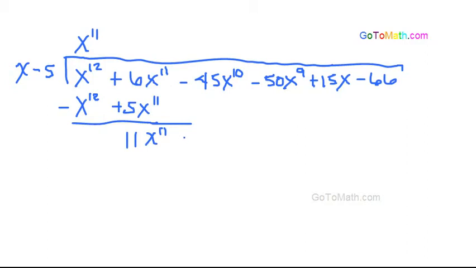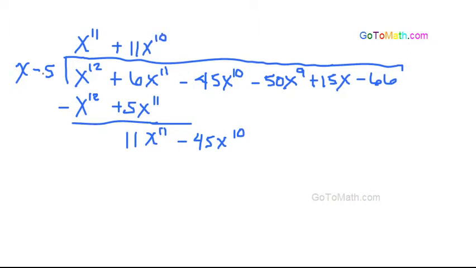Right? And then of course we have more as 45x to the 10th. We'll just write that one down. We should be writing all those down, but x to the 11th. Man, that could be confusing. We got 11x to the 10th.